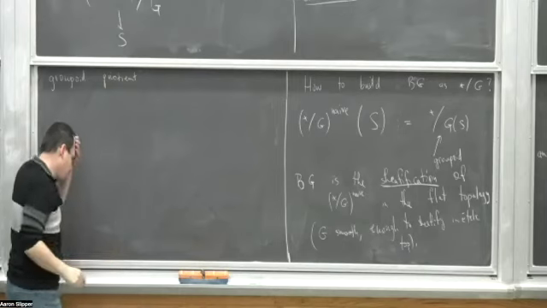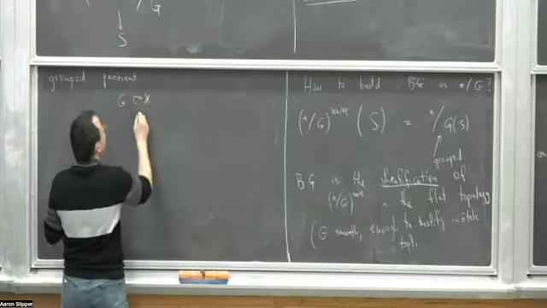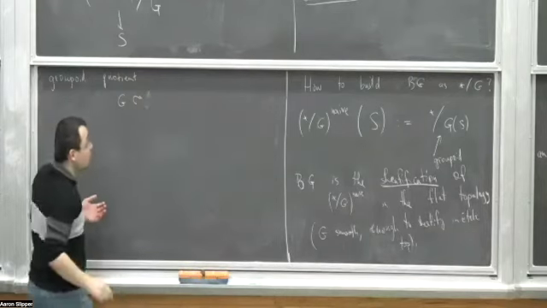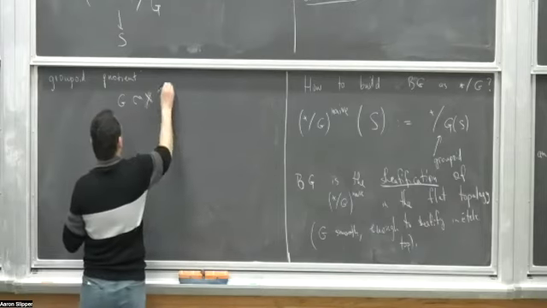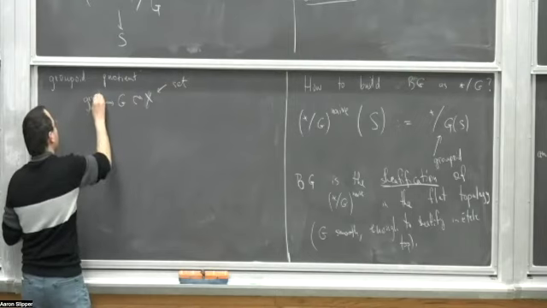So, a way of describing the groupoid quotient, again, if I have a group acting on a set, no, this is just a group, no algebraic structure.